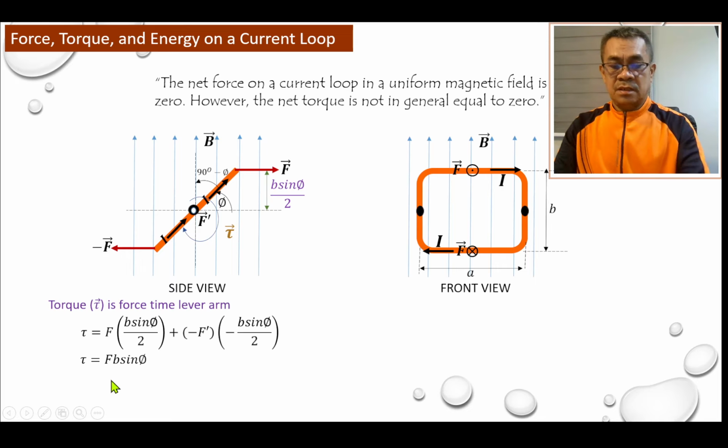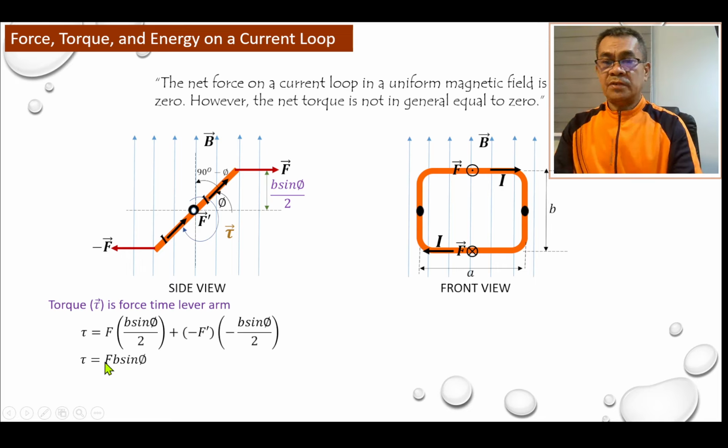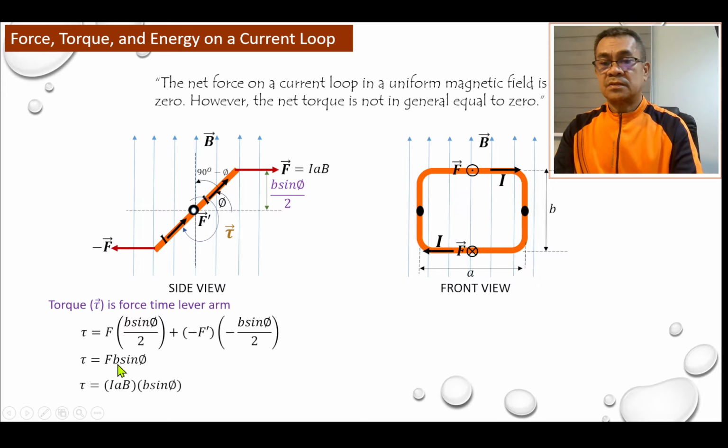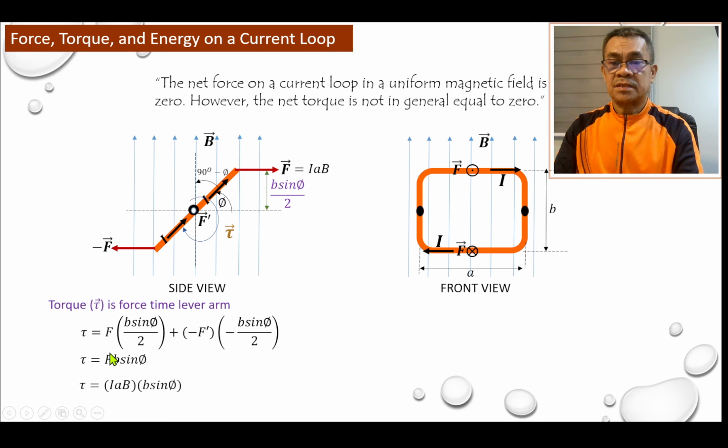Okay, that's it. But remember, what is F? The force we are talking about is this one. So the length is A, so F is I A times B. So this is not the force of the whole loop; this is the force of this segment.